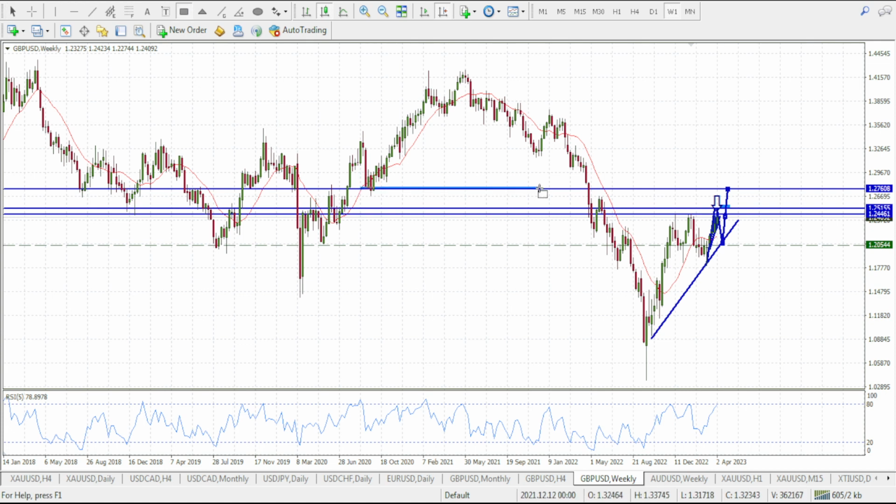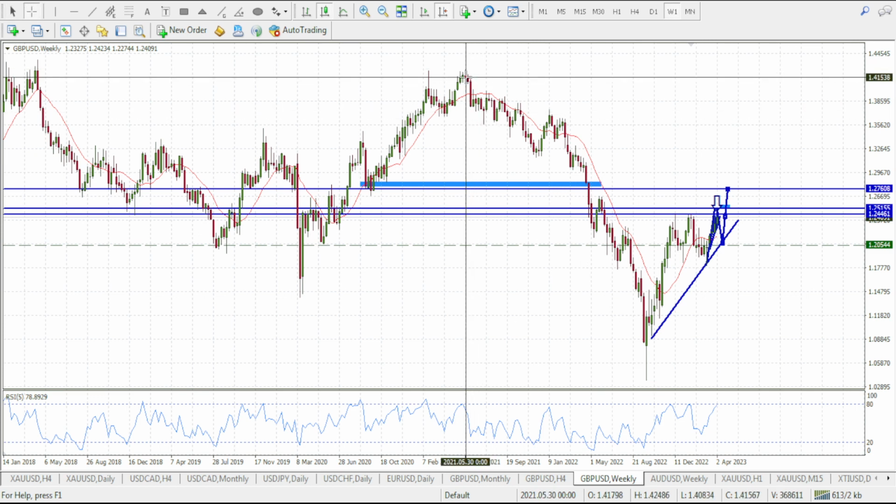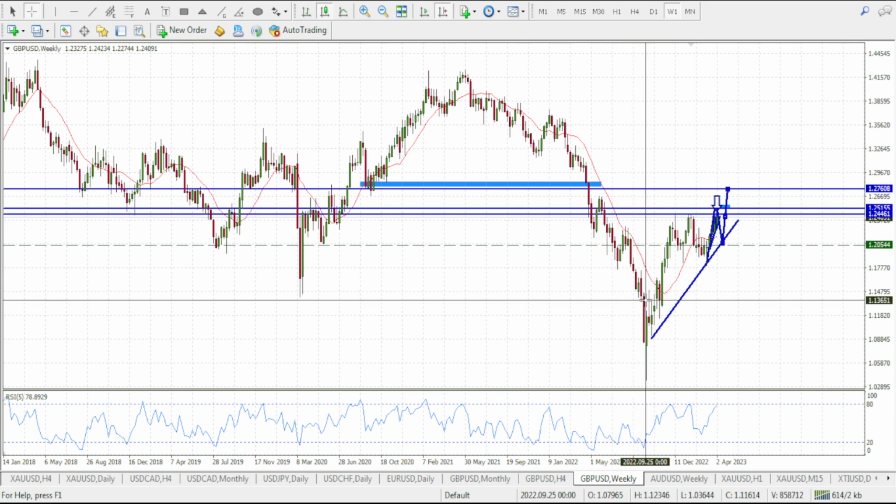Very, very key level, obviously, on September 20th, 2020. And then a very sudden, huge drop all the way from 30th May 2021 till 25th September 2022. Like, good span of time.